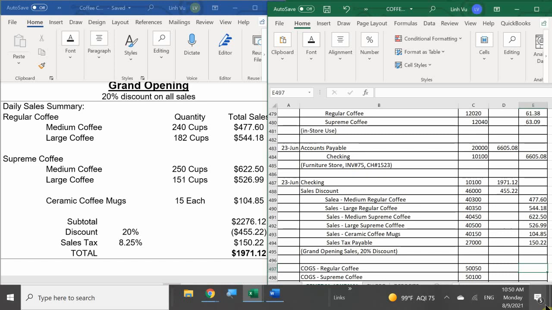It's fine. In this case, I'll just go ahead and do this transaction for you guys.